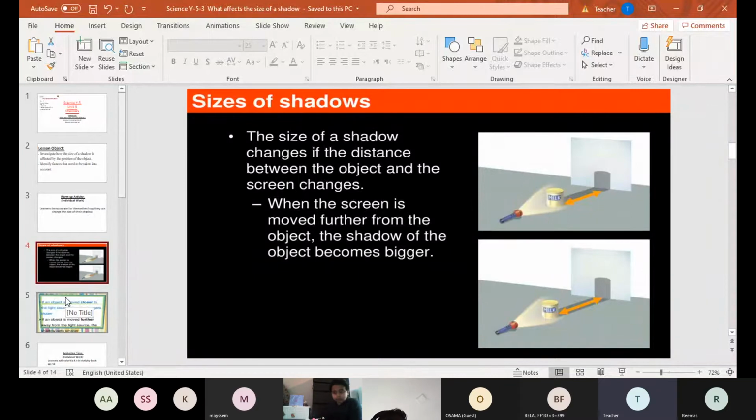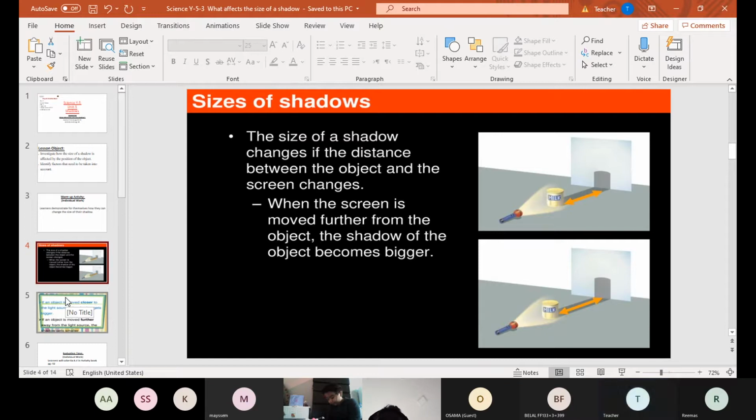This is the controlled factor. Right, here the two factors are there. The distance between the light source and the object, and number two, the distance between the screen and the object. These two factors increase and decrease the size of the shadow.